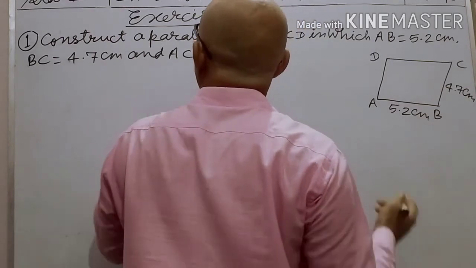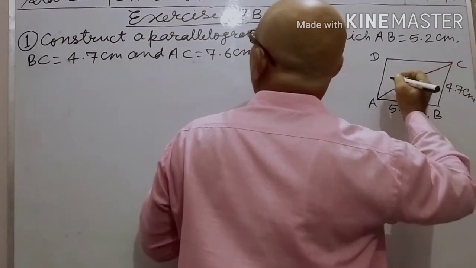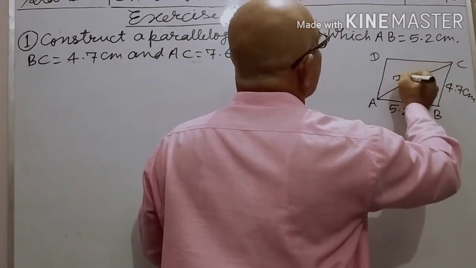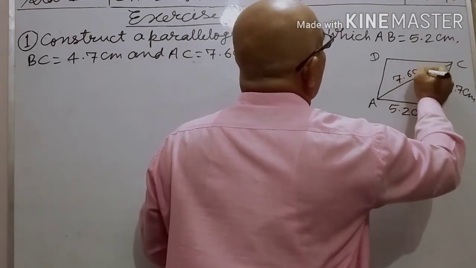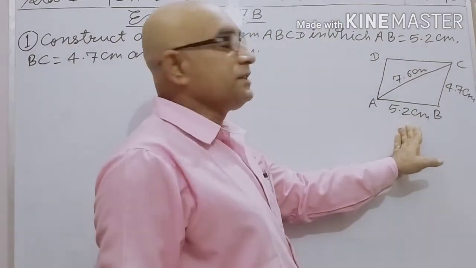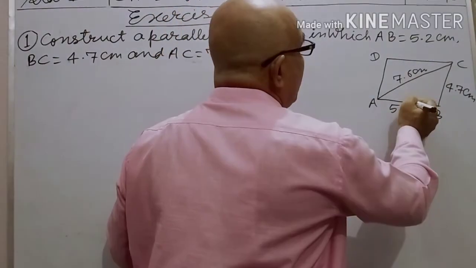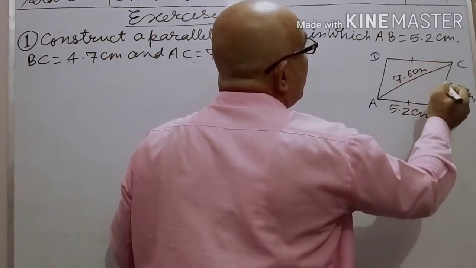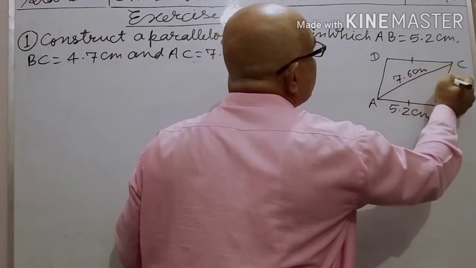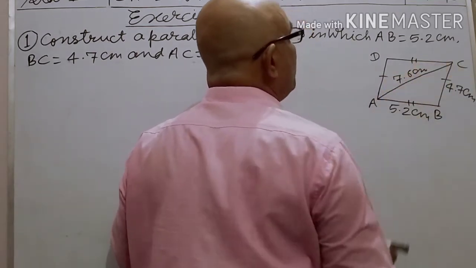And diagonal AC equal to 7.6 cm. We know that the opposite sides of a parallelogram are equal. So AB equal to CD and BC equal to DA.